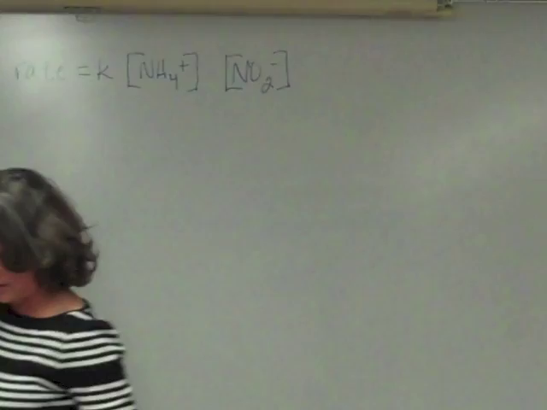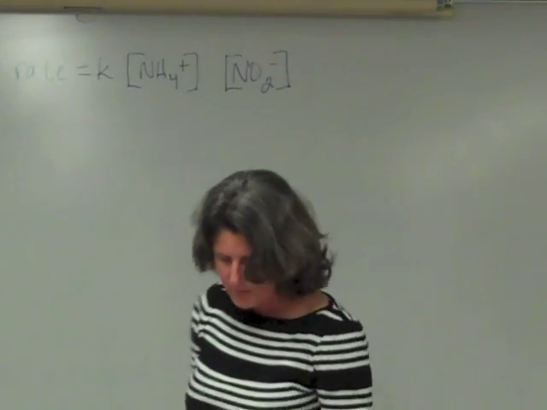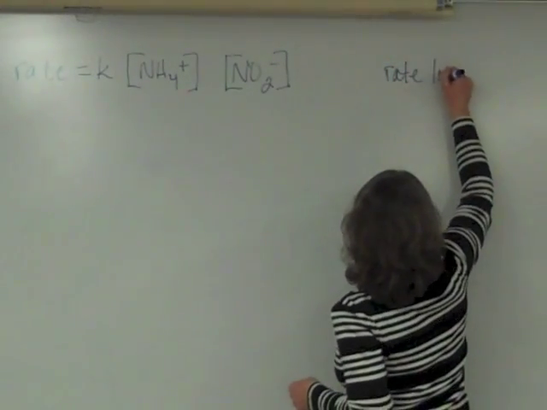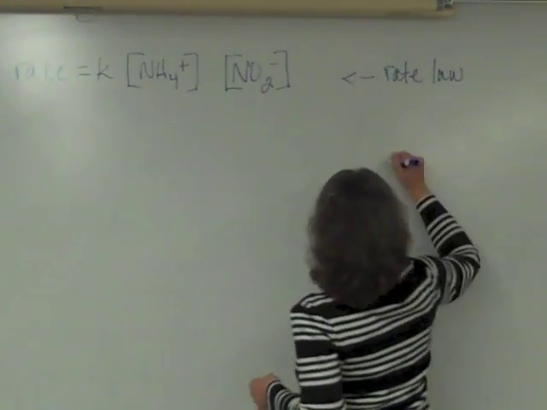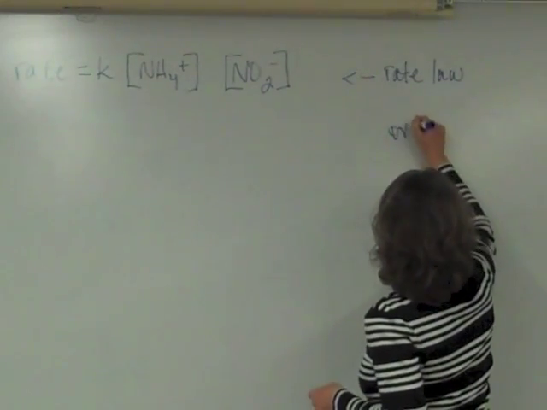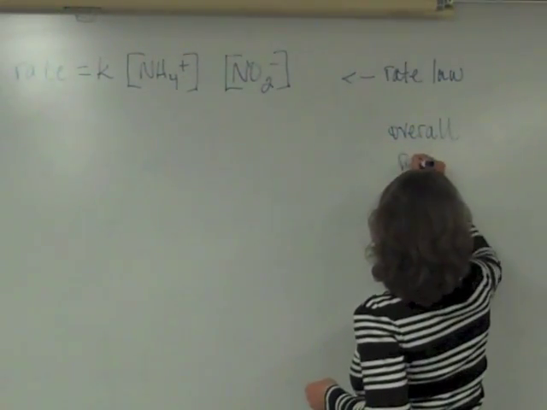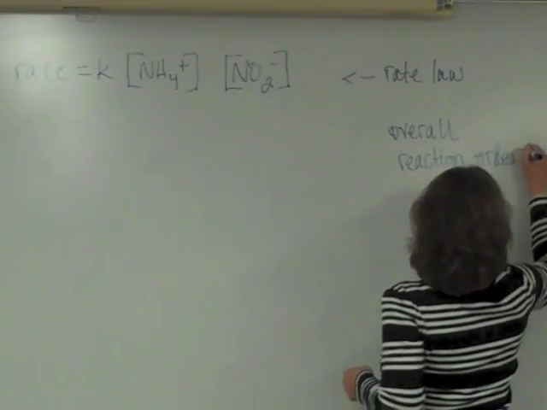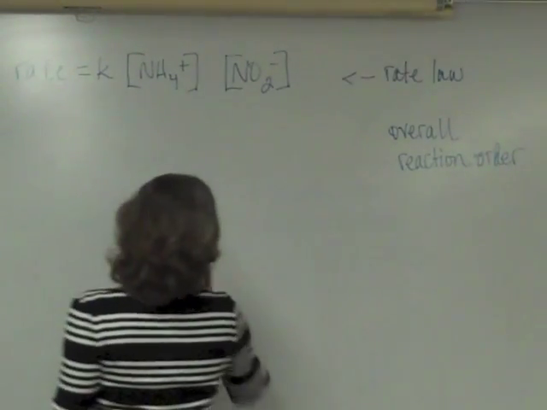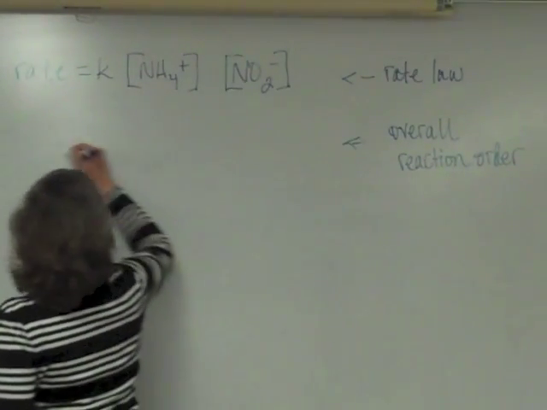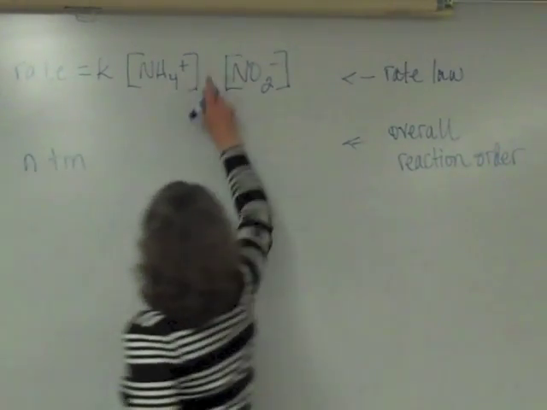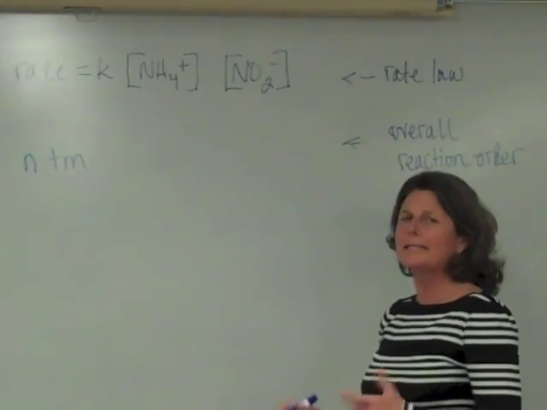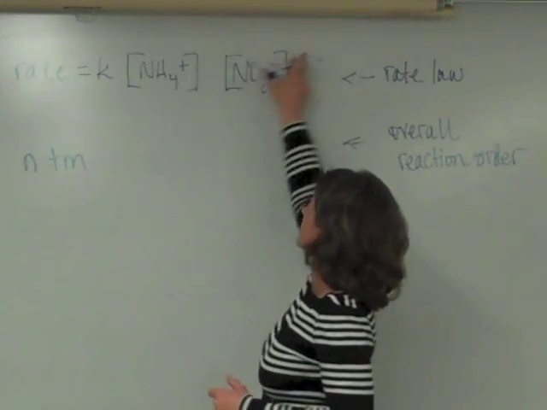Okay, what is the next thing we need to do? We need to determine the overall reaction order. Okay, you guys, so that's the rate law. So the overall reaction order, in this case, you guys, is going to be N plus M. So really, to get the overall order of the reaction, you add together all of those exponents.